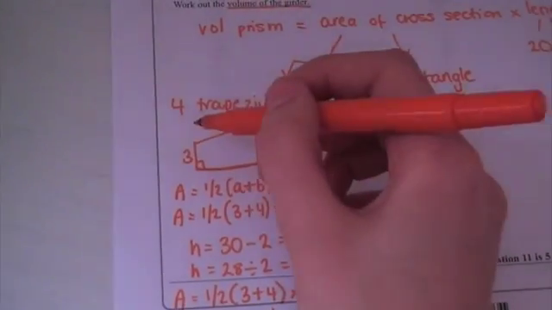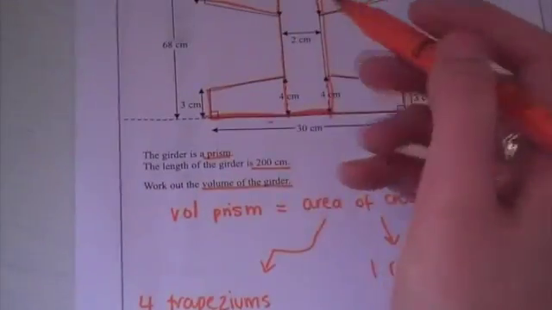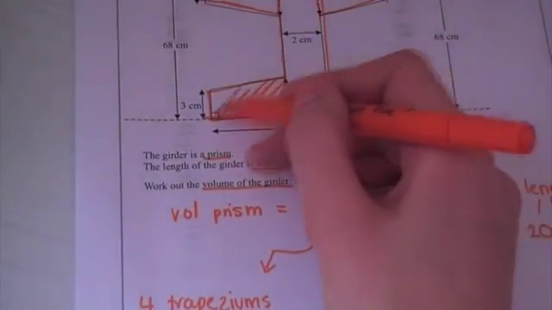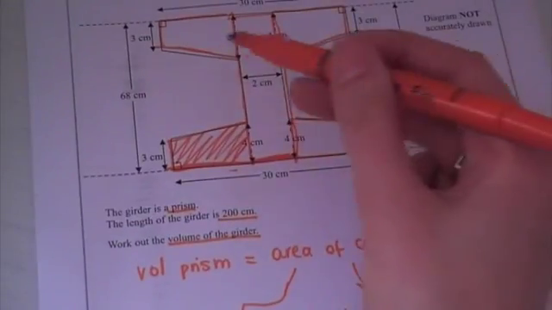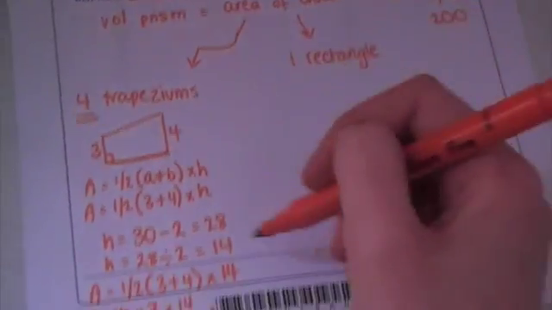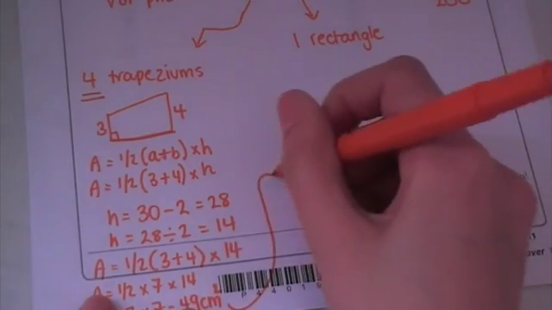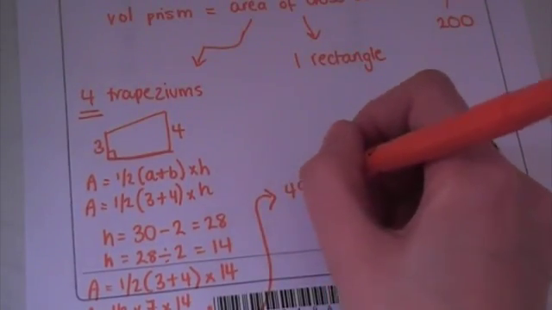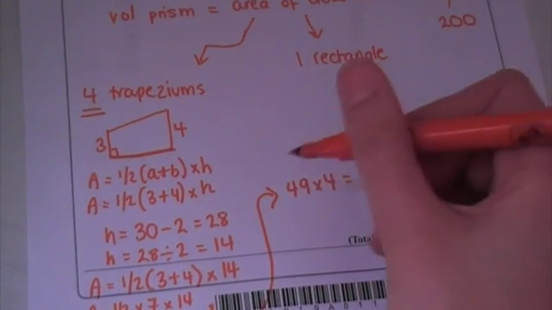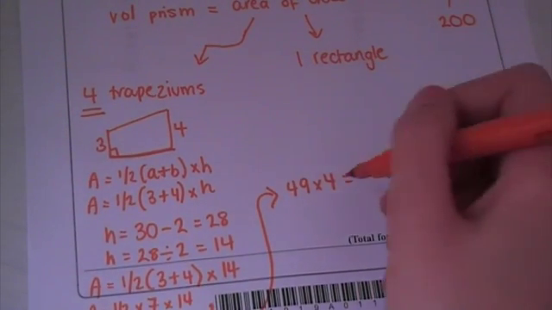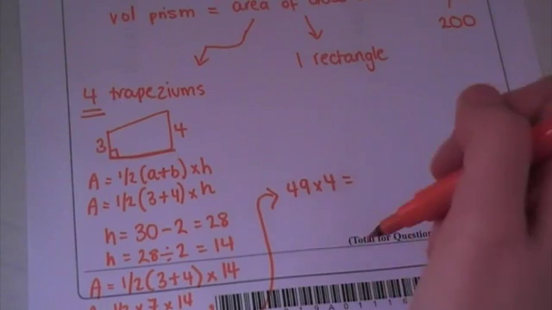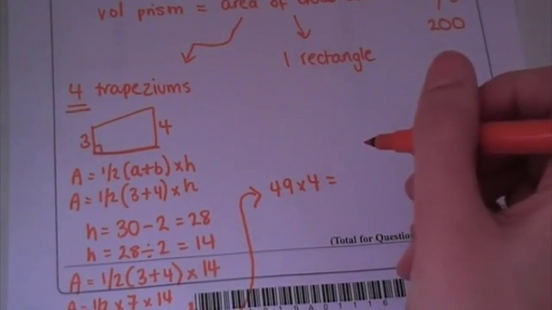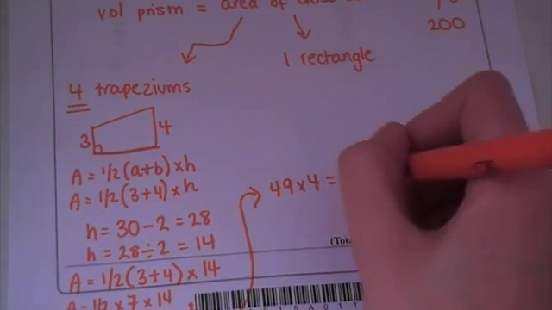Now we've got 4 of them, because essentially we've just worked out this bit here, and we've got 4 of them. So I have to come over here. We're going to do 49 times by 4. So you might want to do 50 times 4, which is 200, and then minus the 4, or use lattice method. 49 times 4 is 196.